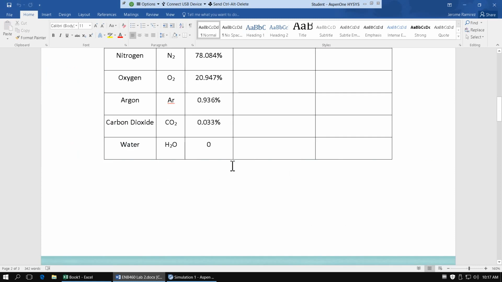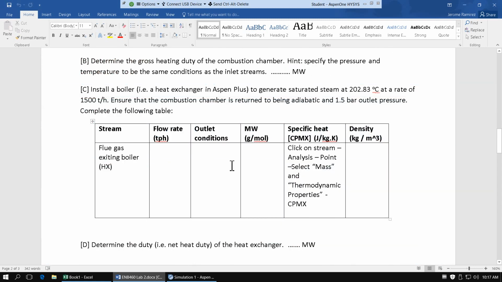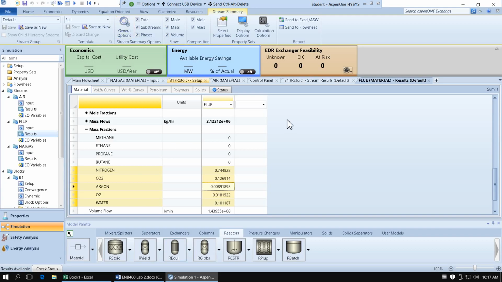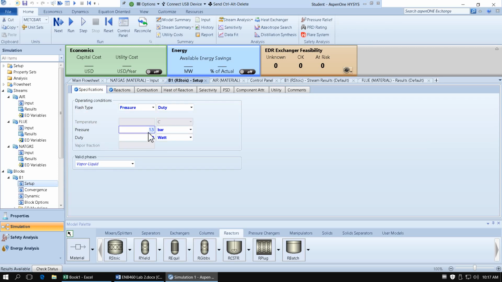So that's actually the first page done. Next is we need to determine the gross heating duty of the combustion chamber. Hint is to specify the pressure and temperature to be the same conditions as the inlet streams. So that's fairly straightforward. We go to setup, specifications, and we know our input streams is 1 bar.